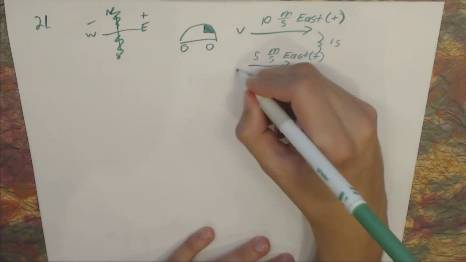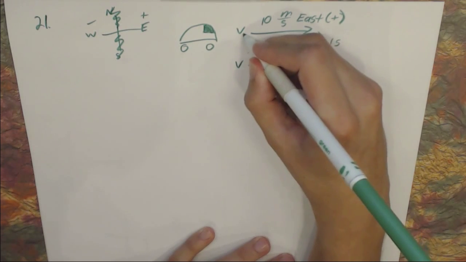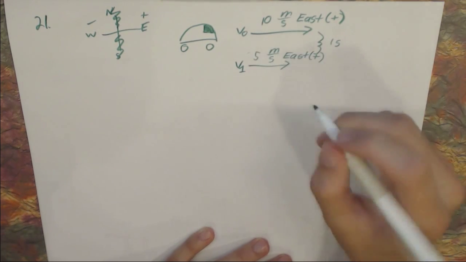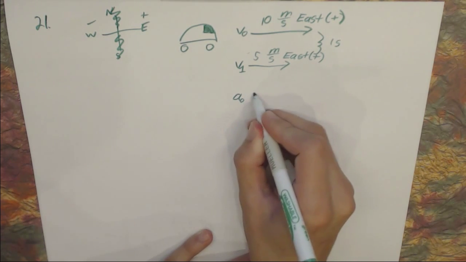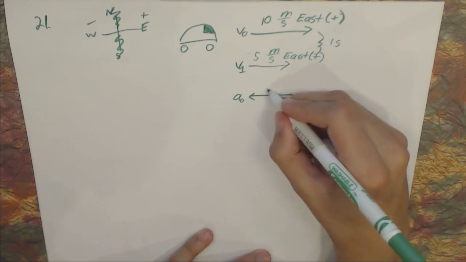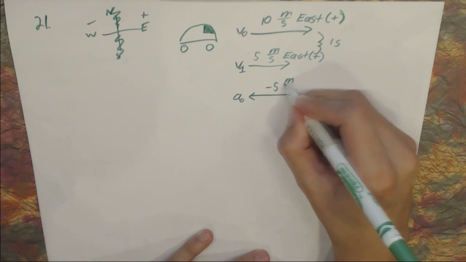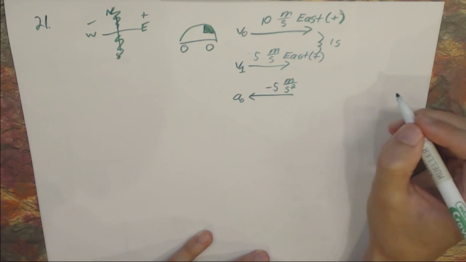So this is a velocity vector. This is a velocity vector. We'll call this v0, we'll call this v1, and we'll call this a0. This is going to be a0. This is negative 5 meters per second squared.